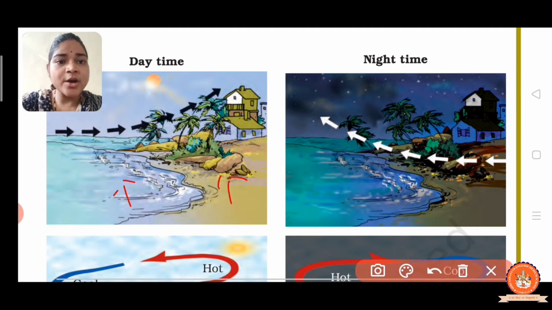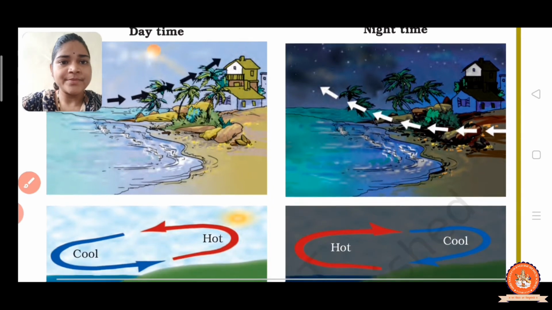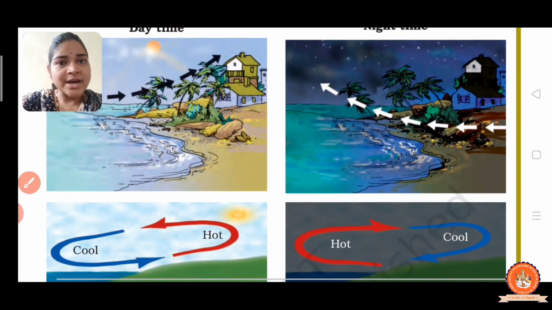The air above the land becomes hotter and rises up when the cooler air above the sea rushes towards the land. Right? Which completes the cycle.